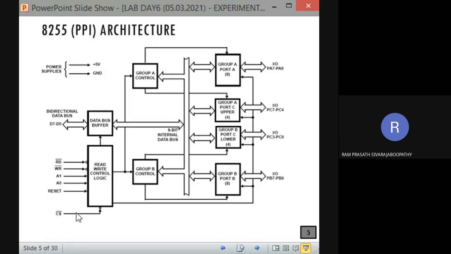Here you will be having one pin called CS bar. Correct? Chip select pin. This we call it as chip select pin. Whether it is active low or active high signal? Definitely it is active low because we are having a bubble here. That means it is an active low input signal to 8255.